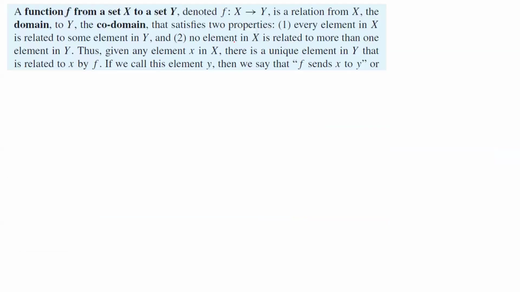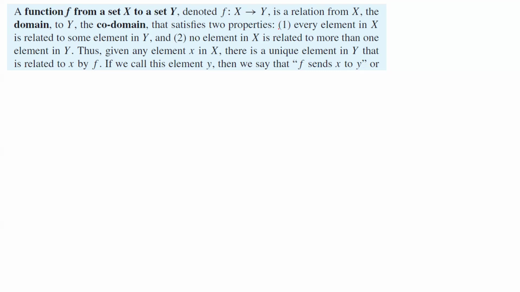Let's go back to the definition of a function. A function f from a set X to a set Y, denoted by f from X to Y, is a relation from X, which is called the domain, to Y, which is called the codomain.